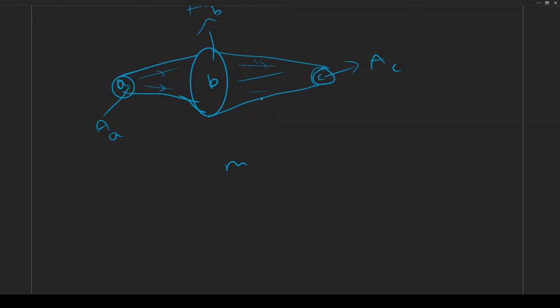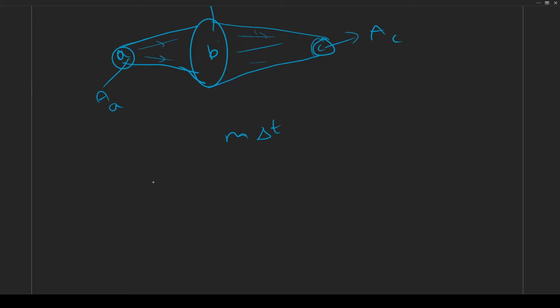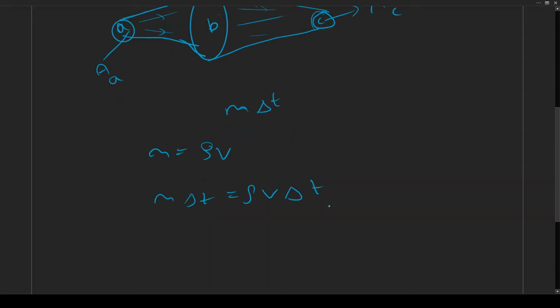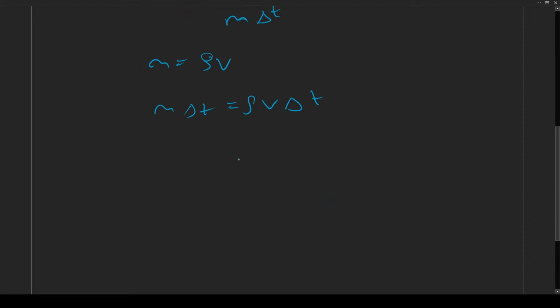Mass of the liquid passing through B per time T. Mass equals rho times V. So it will be mass of particles, delta M, equals rho V delta T. No, wait, there is no need for this right now.